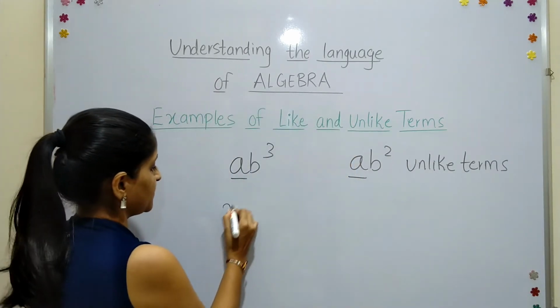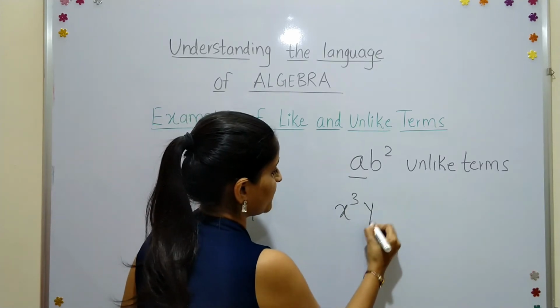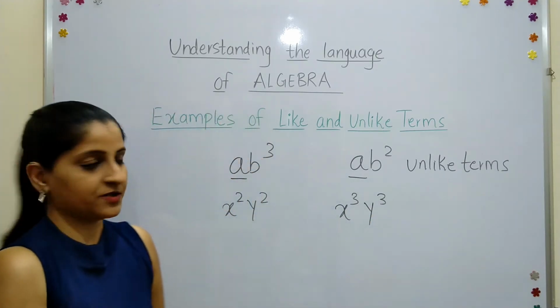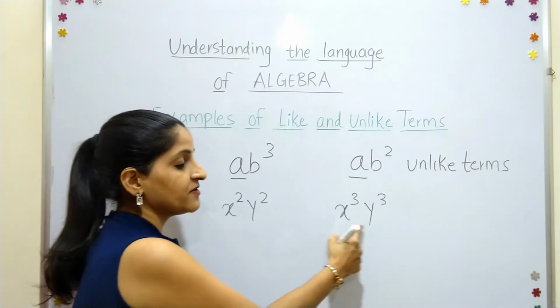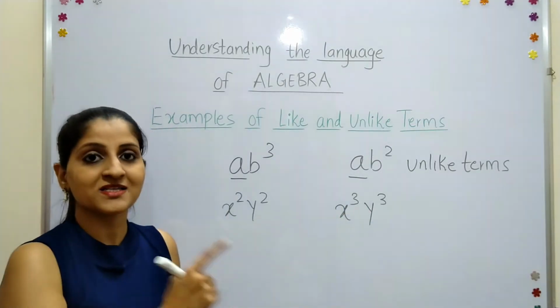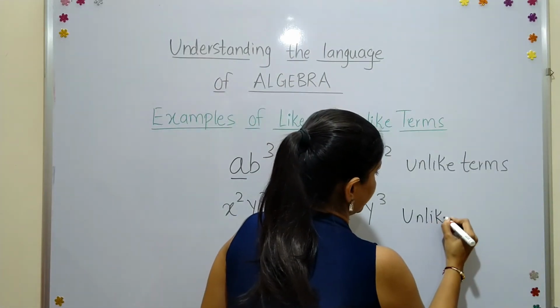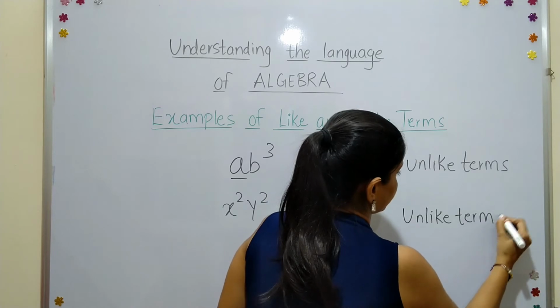If I write an example x square y square and x cube y cube, even here the x and y however appear similar, but the powers to which they are raised are different, and that's why these two are also unlike terms.